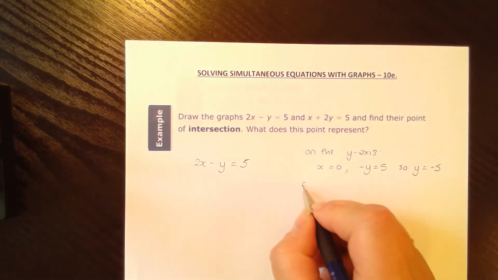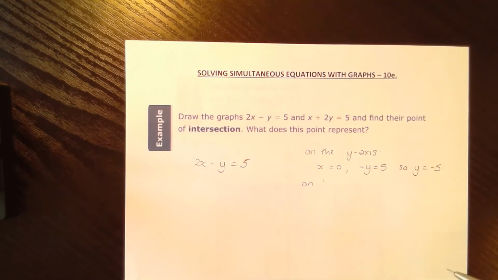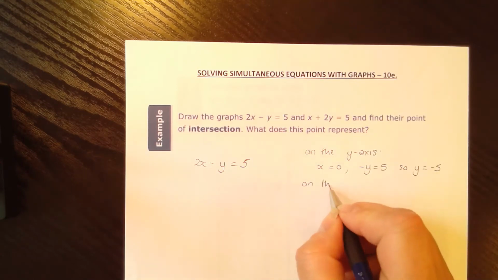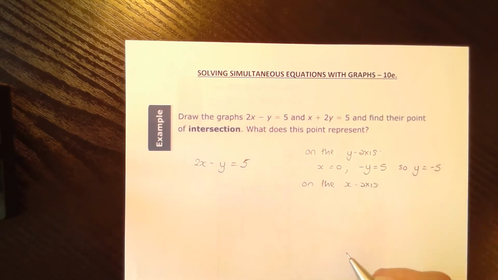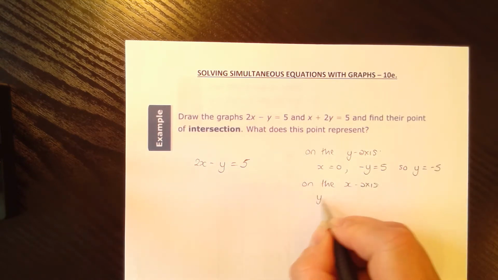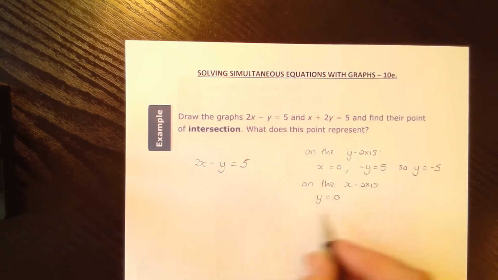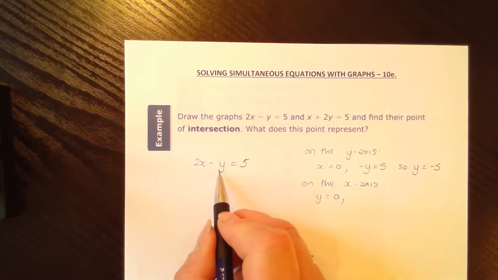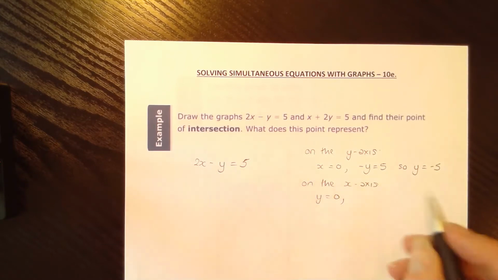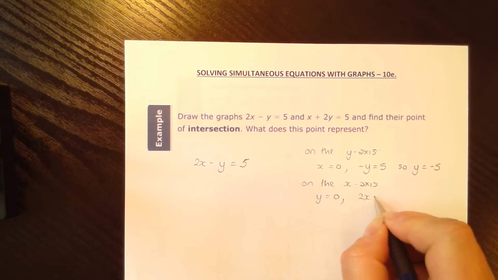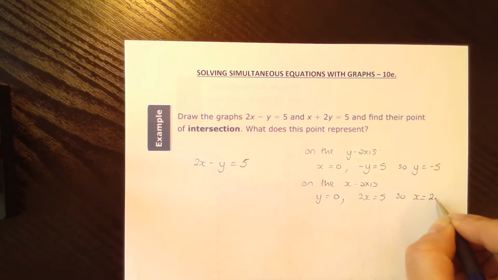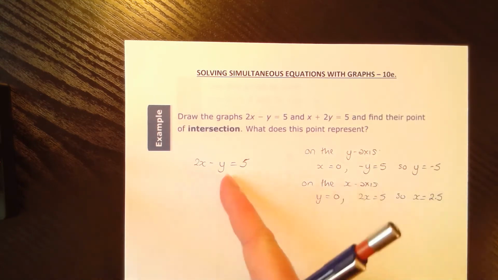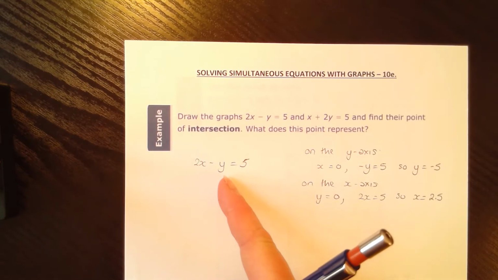And on the x-axis, the y coordinate will be 0. So going back to here, if y is equal to nothing, 2x take away nothing is 5, so 2x will be equal to 5, so x is equal to 2.5. So I have the 2 points where this straight line crosses the x and the y axis.